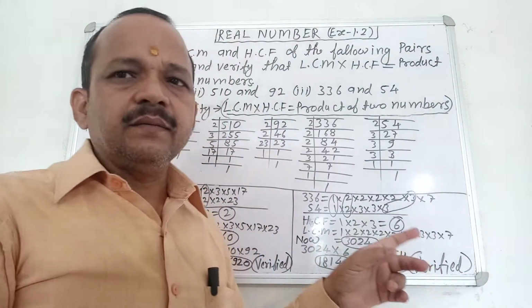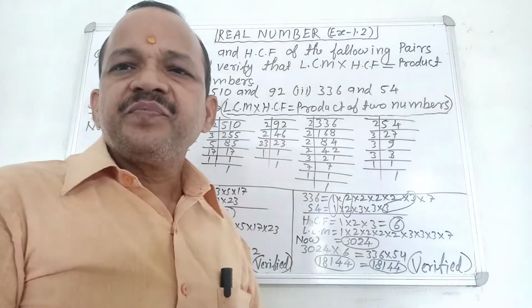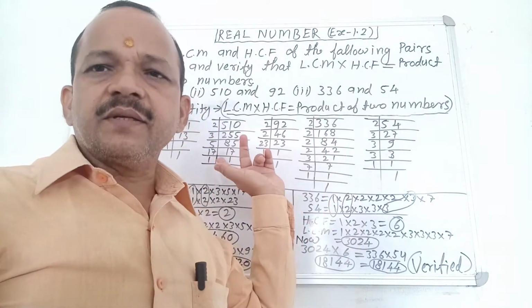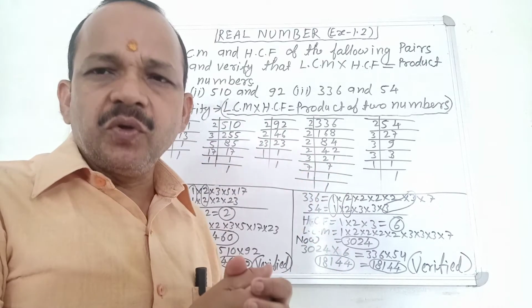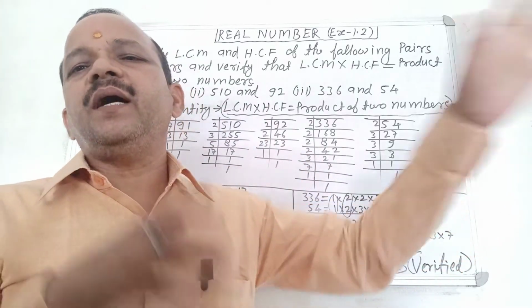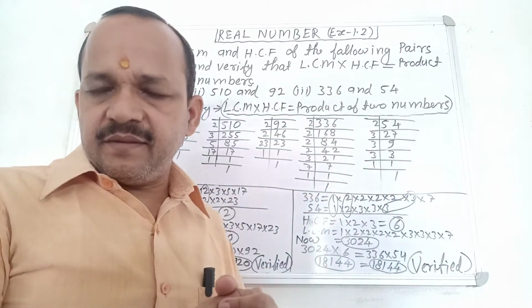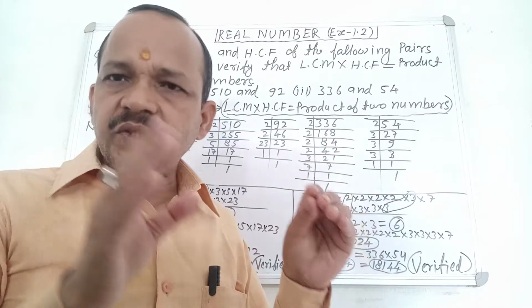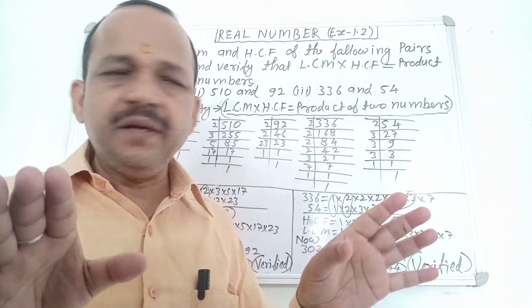Firstly, you find the LCM of 26 and 91 and then find its HCF. Clear? And put its value in the identity. LCM multiply HCF equal to product of two numbers. If right side and left side are equal, then your solution is verified. Clear? No confusion.